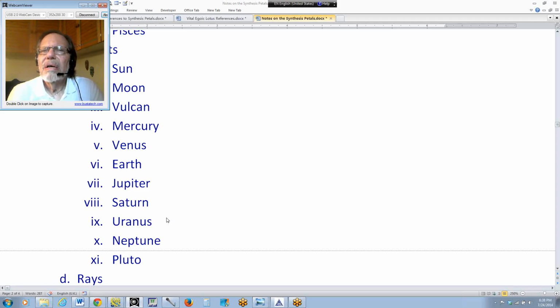Uranus is actually the planet of the flash, but somehow Neptune magnetically draws the related items into their proper relation. So it is in a way subsidiary to Uranus, but if we want to unify the field of knowledge, as we will at this synthesis knowledge petal, Neptune is very valuable.